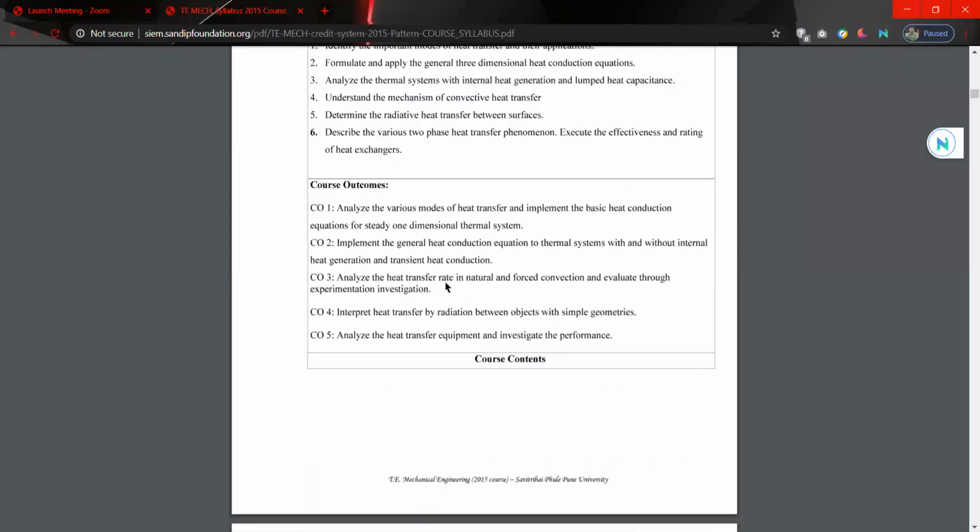Now, after completing the course objectives, we are proceeding toward the course outcomes. From this, we can easily analyze the 5 outcomes from this subject. CO1 is to analyze the different modes of heat transfer and implement the basic heat conduction steady one-dimensional thermal system equation. CO2 is to implement the general heat conduction equation in thermal system without internal heat generation and transient heat conduction.